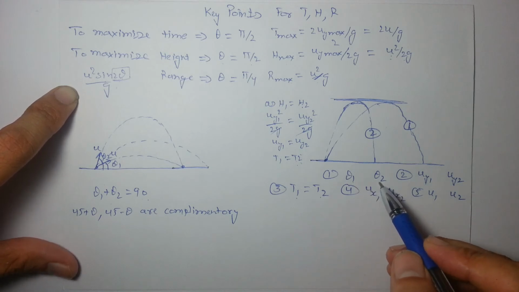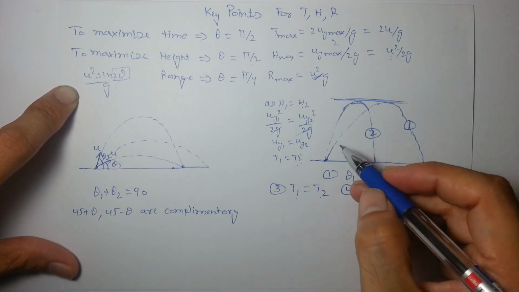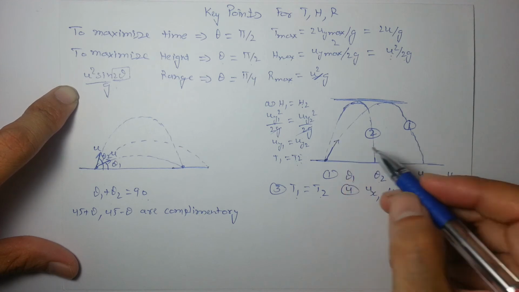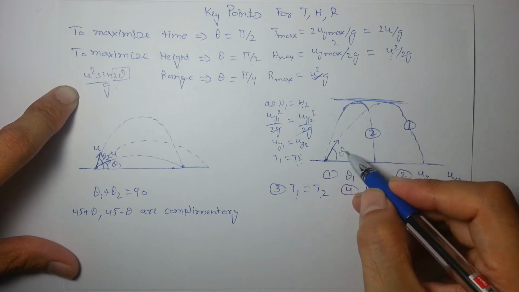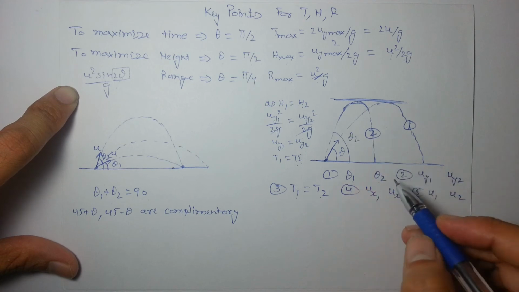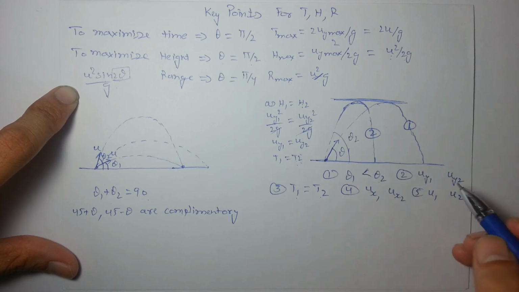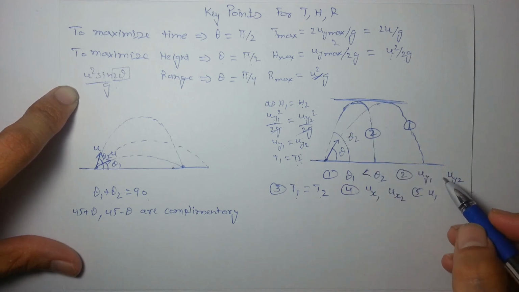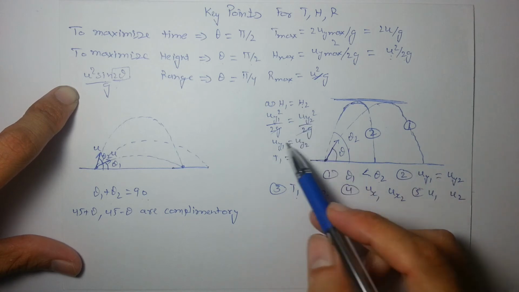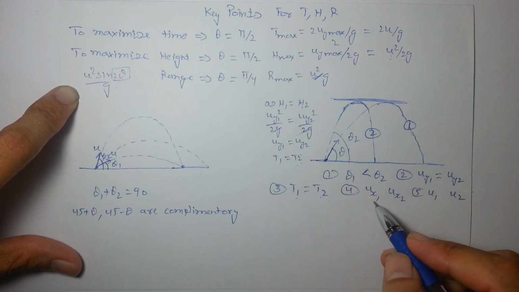What about theta 1, theta 2? Obviously from the diagram I can easily see that this is theta 1 and this is theta 2, so theta 2 is greater than theta 1. What about uy1, uy2? They are equal, as I have already derived. Time is also equal. What about ux, uy?